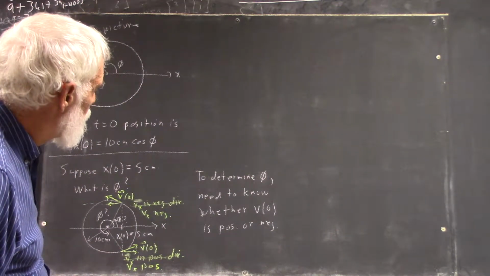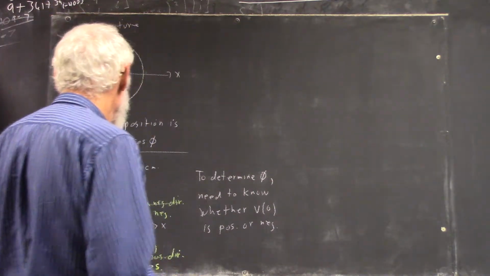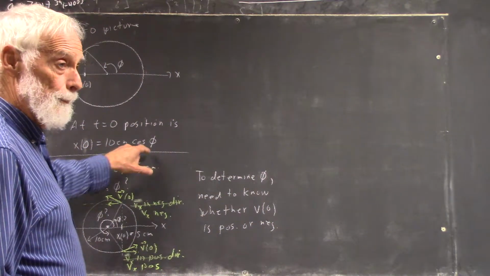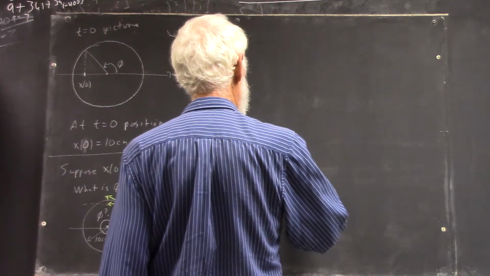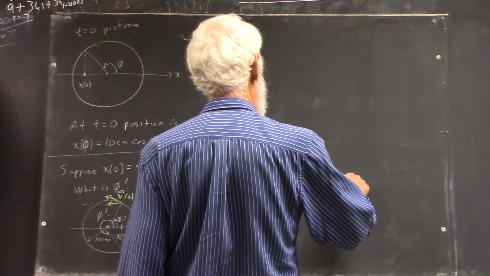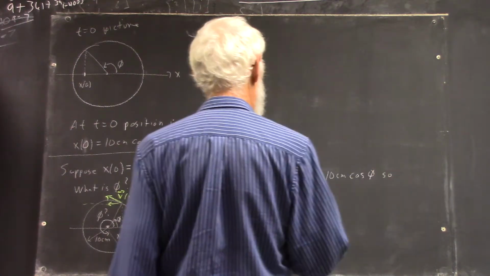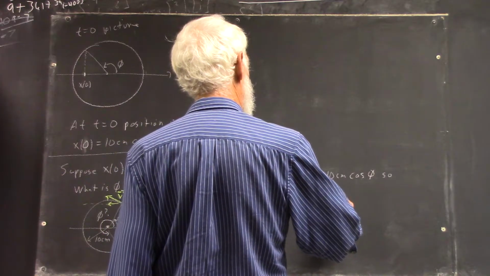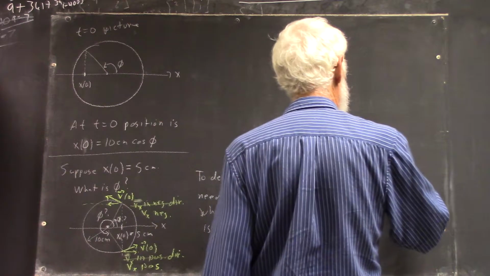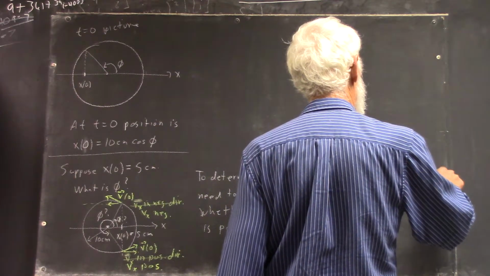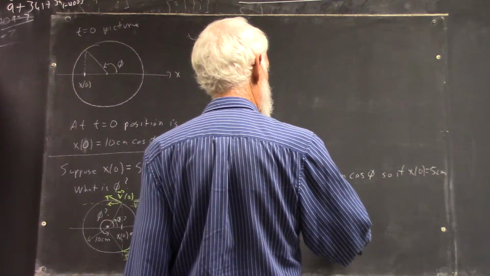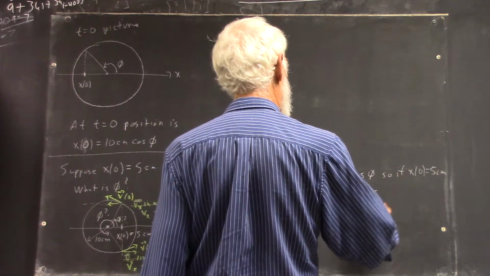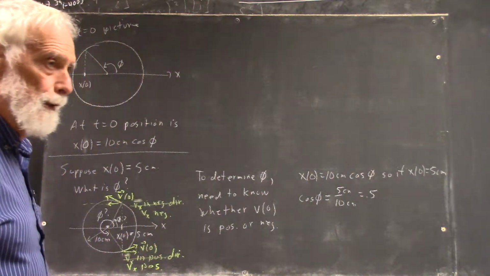Now, to do the trigonometry, again, you know x of 0 is 10 centimeters times the cosine of phi, right? You know cosine of phi is then 0.5.